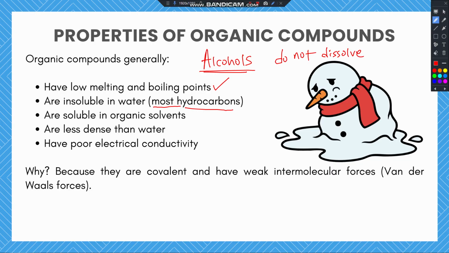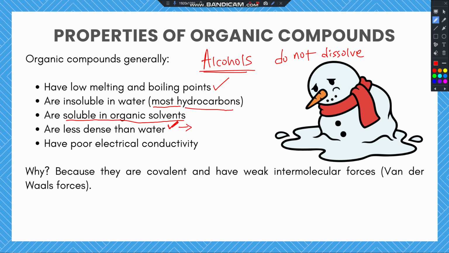And then thirdly, most organic compounds are soluble in organic solvents. So when you place them in an organic fluid, they will dissolve. Then fourthly, they are less dense than water. What does this mean? It means when you try to mix them with water, many of them will end up floating.